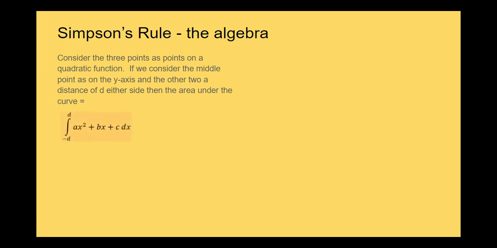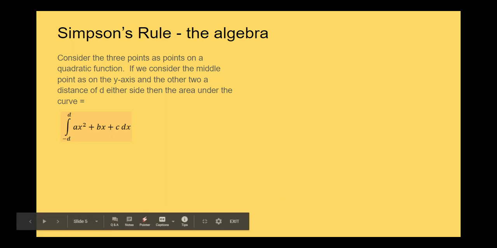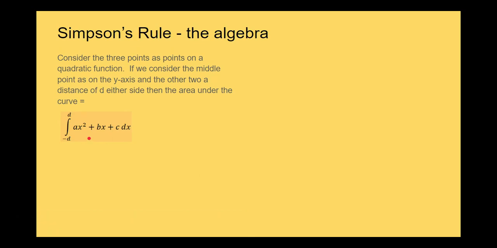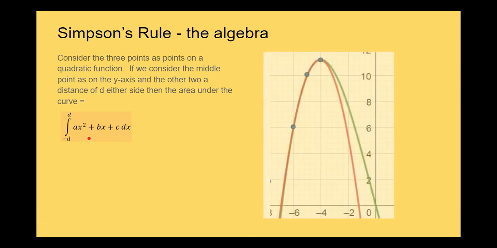So the way we do this is we consider each quadratic as a general quadratic, and we do it assuming that the midpoint is on the y-axis, and so that the other points, which are the same distance either side, you can see from here, if we picture this point as being on the y-axis, then the distance that our first point is, and the distance our second point is the same either side.